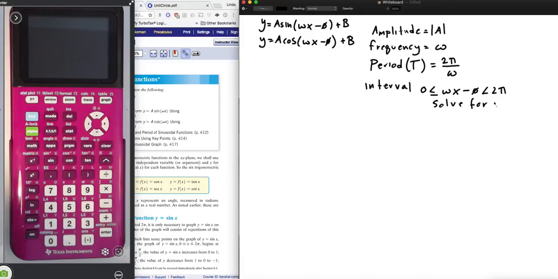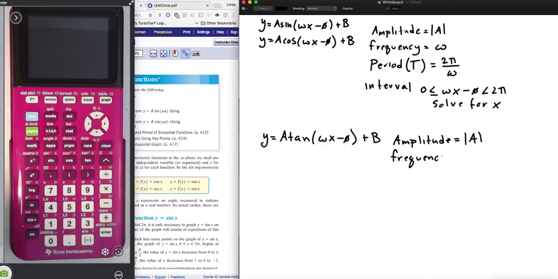For tangent, again, A tan(omega x minus phi) plus b. You have, again, the amplitude, which is A. The frequency is omega.